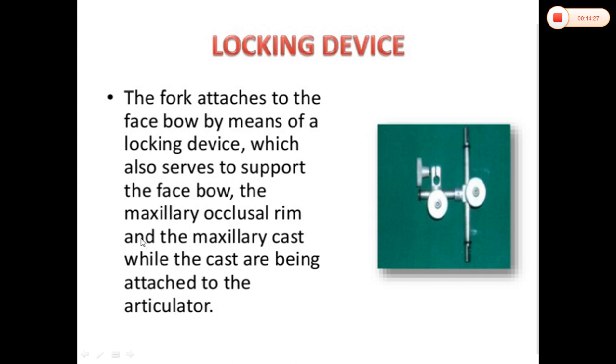So these are the functions of this locking device. The fork attaches itself to the face bow by means of this locking device, which supports the face bow, maxillary occlusal ring, and maxillary cast, while the cast is being attached to the articulator.